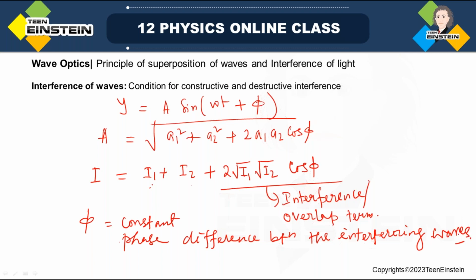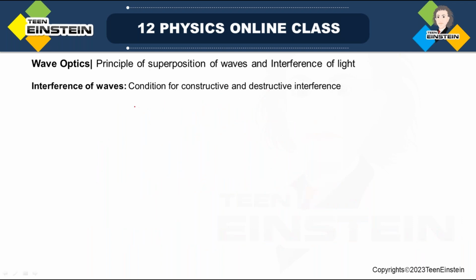All right, now I think I have to erase, keeping only this part. I is equal to I1 plus I2 plus 2 root over I1 into root over I2 cosine of phi.